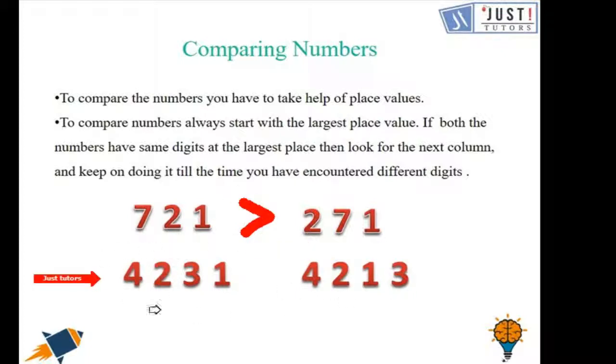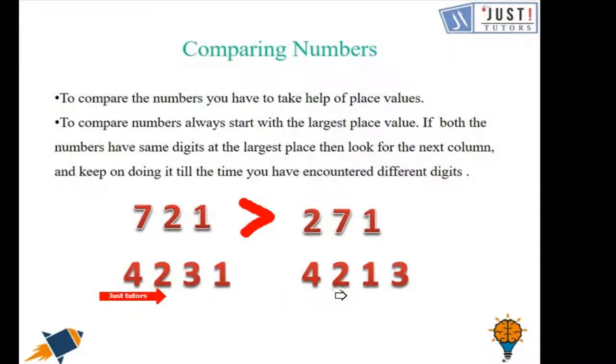Now for comparing these two numbers, we would again look at the largest place values. So the largest place values here are thousands, 4000 and 4000. If you notice, both are same. So what should we do now? We would move ahead towards the next highest value, which is 2. It lies in the hundreds column, so we'll look at the hundreds column here also.